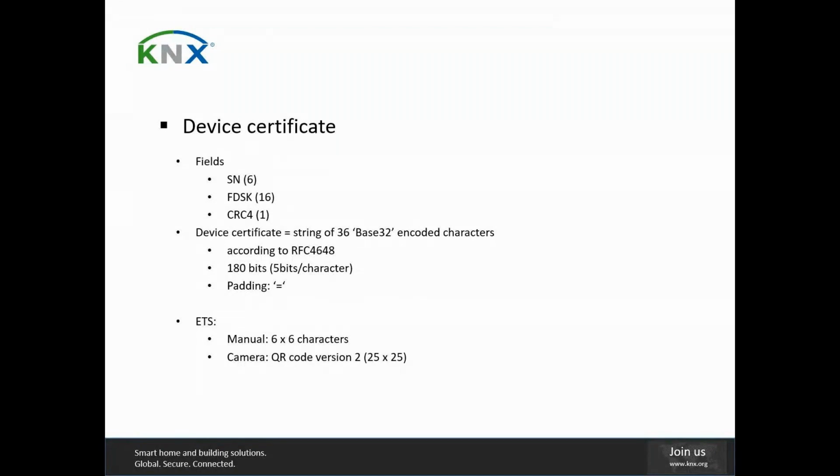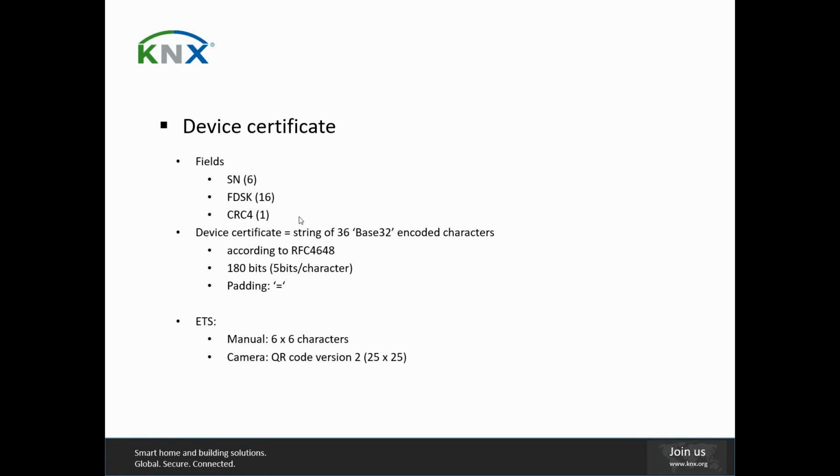I think now we won't have any new participants joining. Okay, indeed. So where was I? You have to then create out of the free fields here this string of 36 characters, which you then have to convert to the so-called base 32 encoded characters.